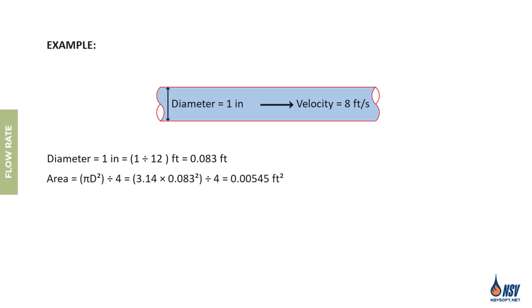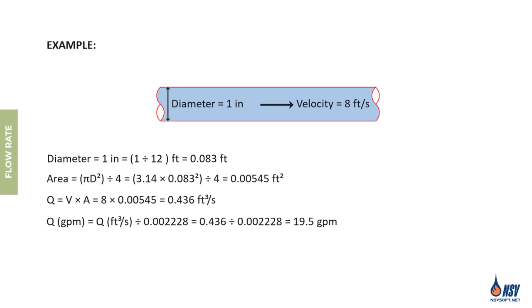Area equals pi times the diameter squared, divided by 4. Once we have the area in square feet, we multiply it by the velocity to find the flow rate Q. The calculated flow rate is expressed in cubic feet per second. However, in fire sprinkler system design, we typically use gallons per minute. To convert cubic feet per second to gallons per minute, we divide by 0.002228.